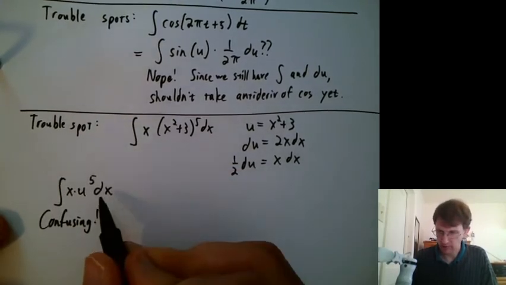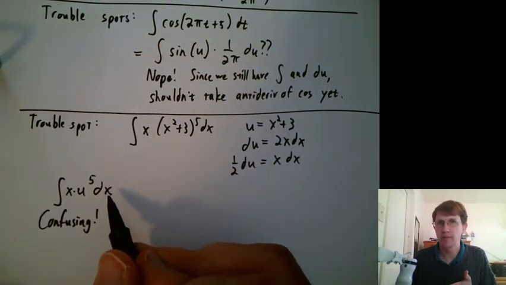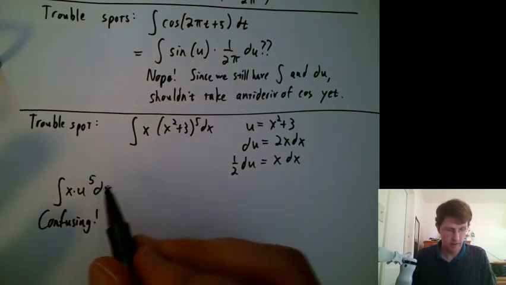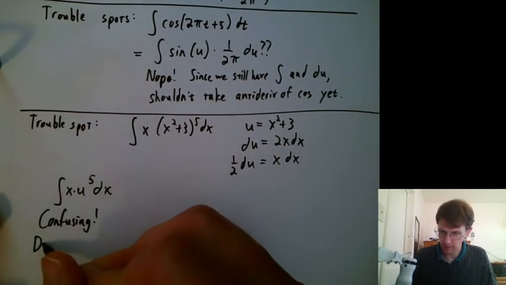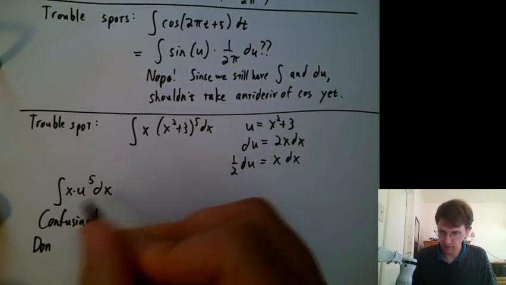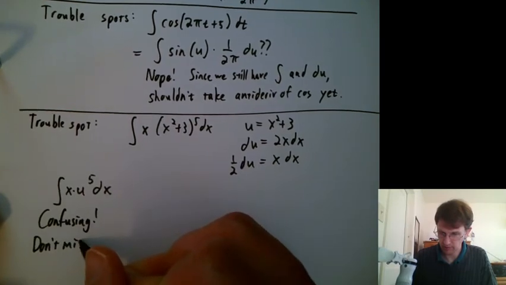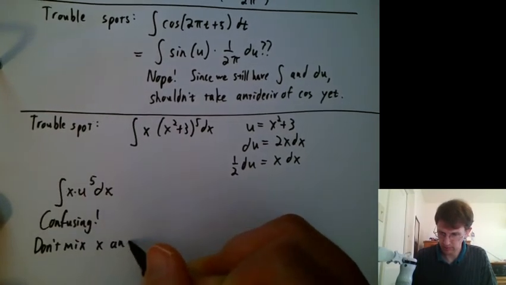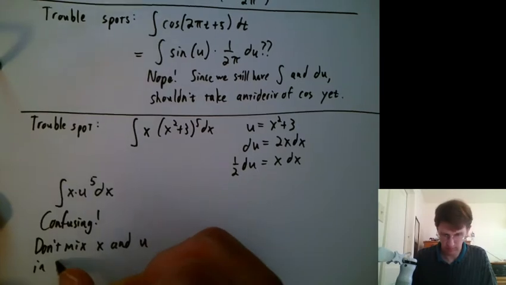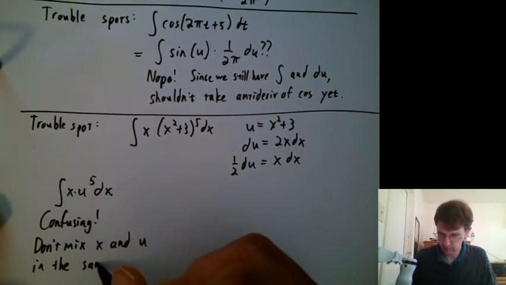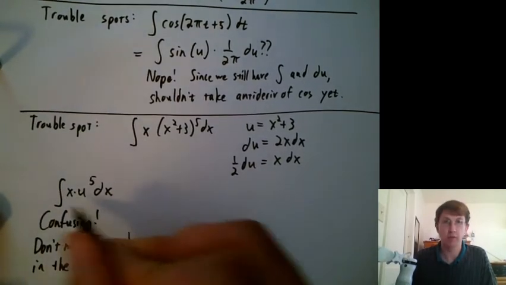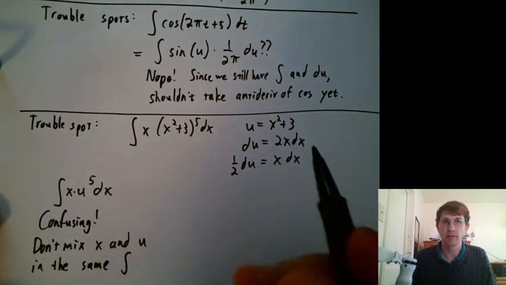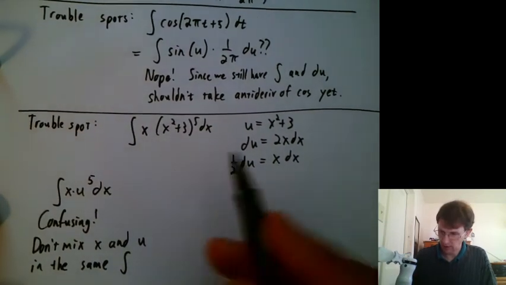Like if I'm integrating with dx, why is there a u in my formula? So I'm going to say don't mix x and u in the same formula here. In the same integral expression, that's going to lead you into trouble.